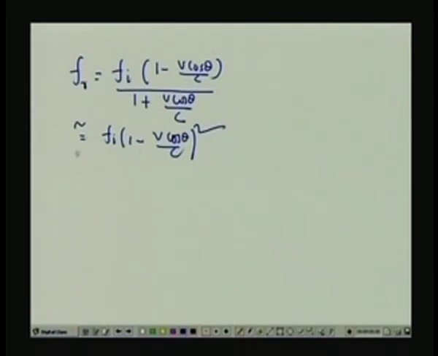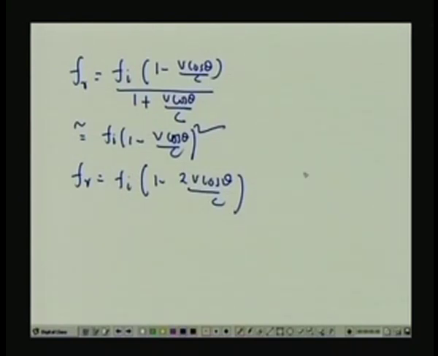So we can write Fr equal to Fi multiplied by (1 minus 2 V cos theta by C).